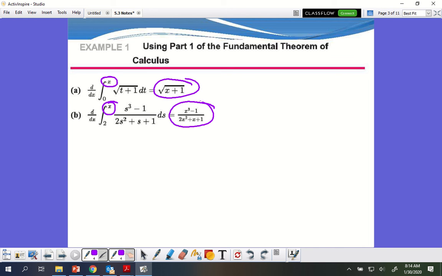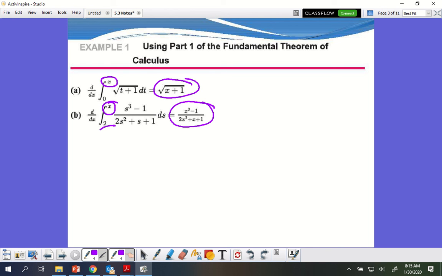Zero. It drops off, right? So if it's not the x in this case, doesn't that just drop off? I'm taking the derivative of something like 2x plus 3, and if I take the derivative, the 3 drops off. That's what we're talking about there.